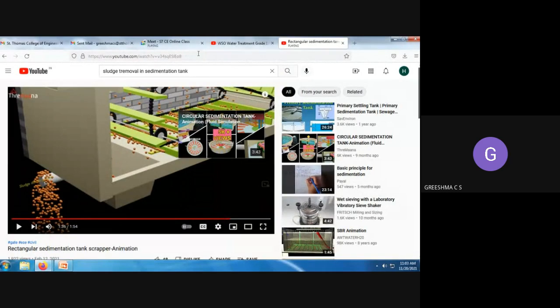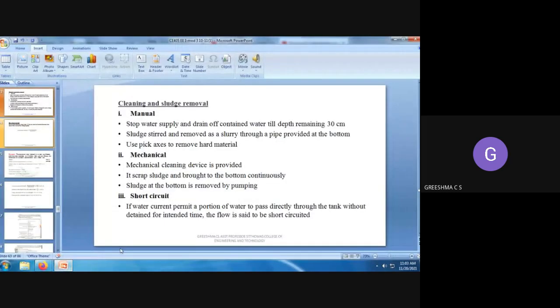That is sludge removal, the mechanical sludge removal.